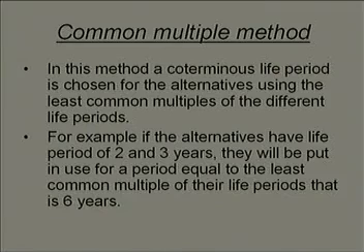The alternative with life 2 years, I repeat it thrice. Similarly, the alternative with 3 years life, how many times do I repeat it? Twice. So, this is what is called the method of common multiple. So, this is one approach.